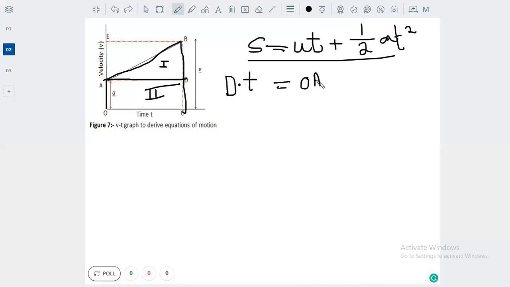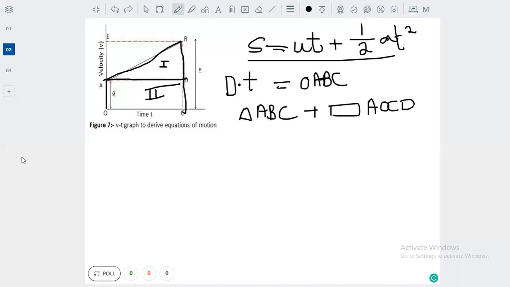Then in figure OABC, if you see, there is a triangle and a rectangle form. First of all, let me write down the area of the triangle and the area of the rectangle. Triangle plus rectangle AOCD, if we add the areas of both, then we are going to get the total distance.